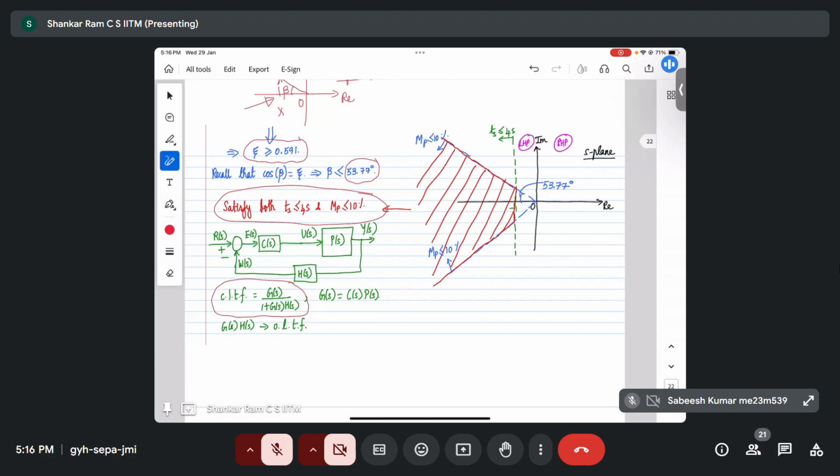Then we need to look at the closed loop characteristic polynomial or equation, 1 plus G(s)H(s) equals 0, to determine the ranges of controller parameters which will give us closed loop stability. G(s)H(s) we defined to be the open loop transfer function.